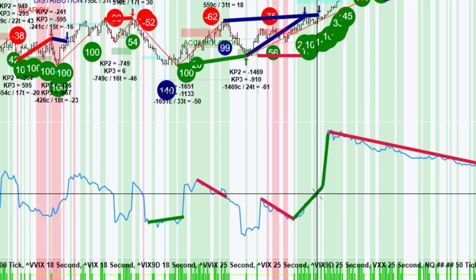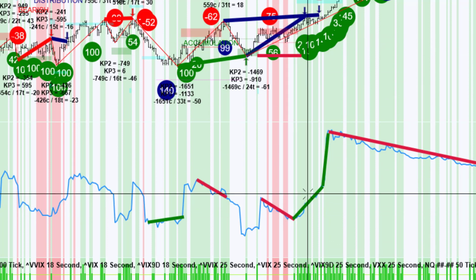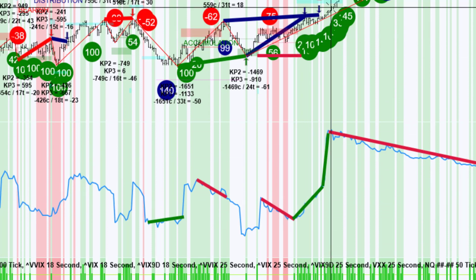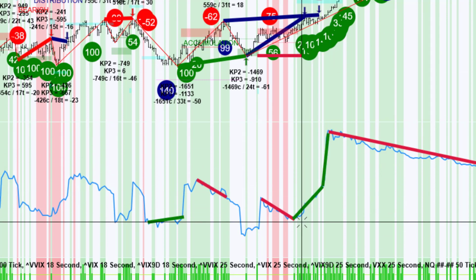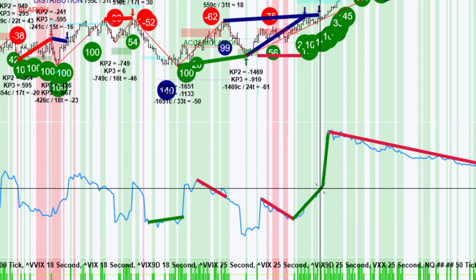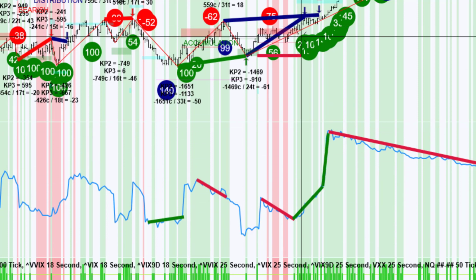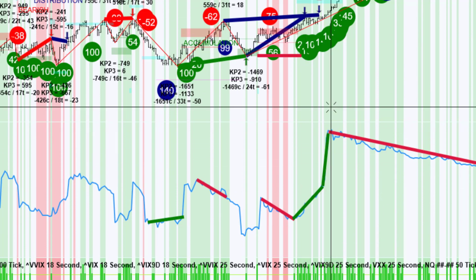Now, in green, what is happening is from this point forward, there is resistance being put in, and this is a significant amount of resistance. So that is why this is in green right here, because price and ratio are responding in sync.